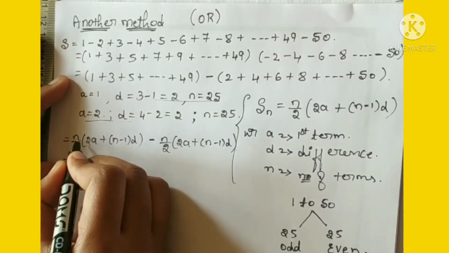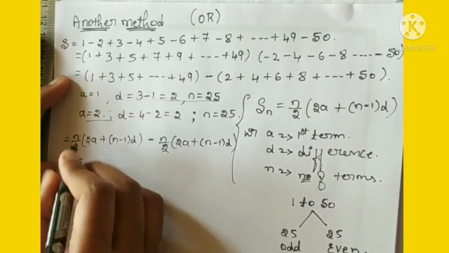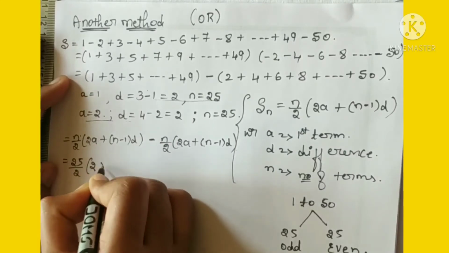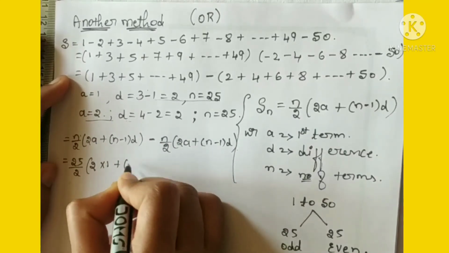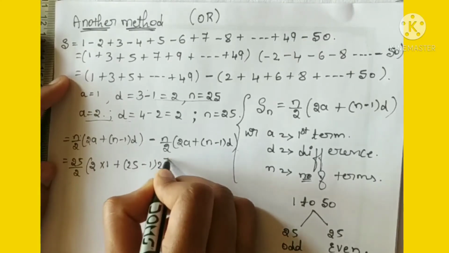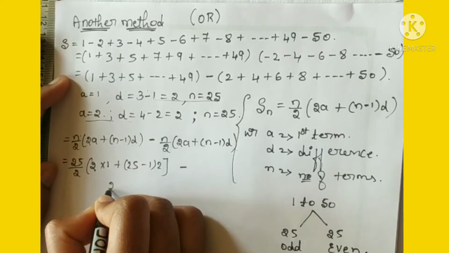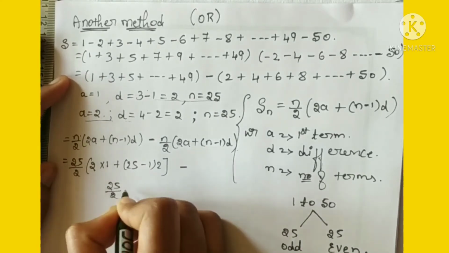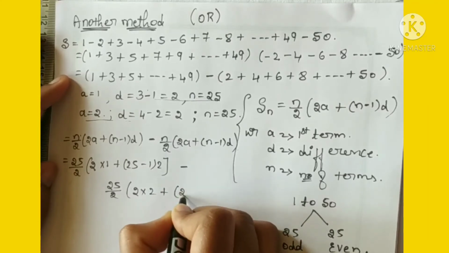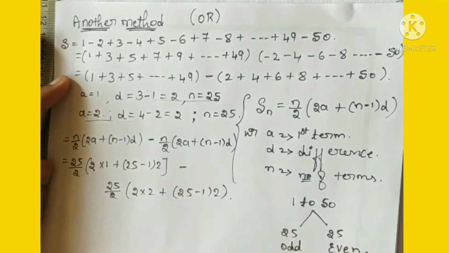Here n means 25 for this first series, 25 by 2 into 2 into 1 plus 25 minus 1 into 2, minus 25 by 2 into 2 plus, I just substitute the values.